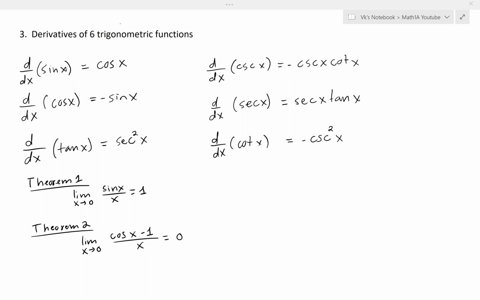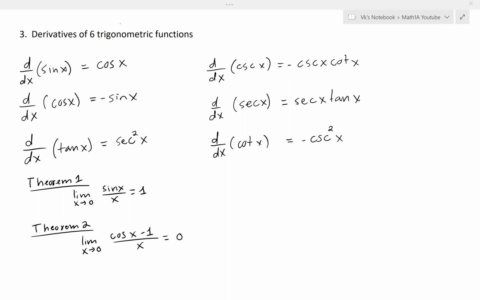Let's prove one of them, and that is the very first: derivative of sine x equals cosine x. To prove, we need to use two theorems. Theorem number 1: limit as x goes to 0 of sine x over x is equal to 1.